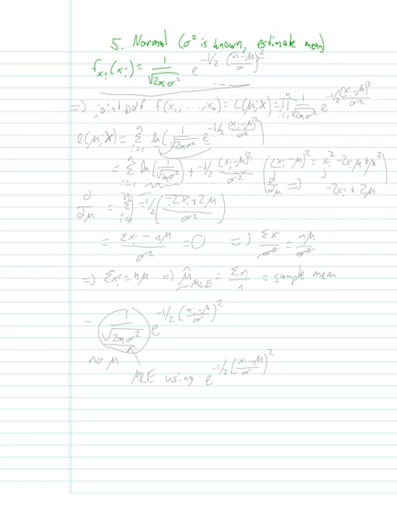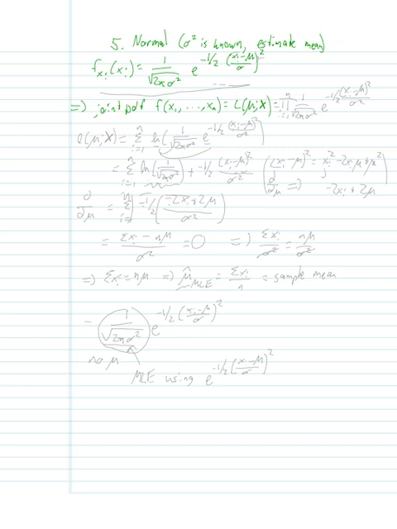We have 1 over square root of 2 pi sigma squared e to negative 1/2 times xi minus mu over sigma all squared, which means the joint PDF, f of x1 to xn, is equal to the likelihood function.